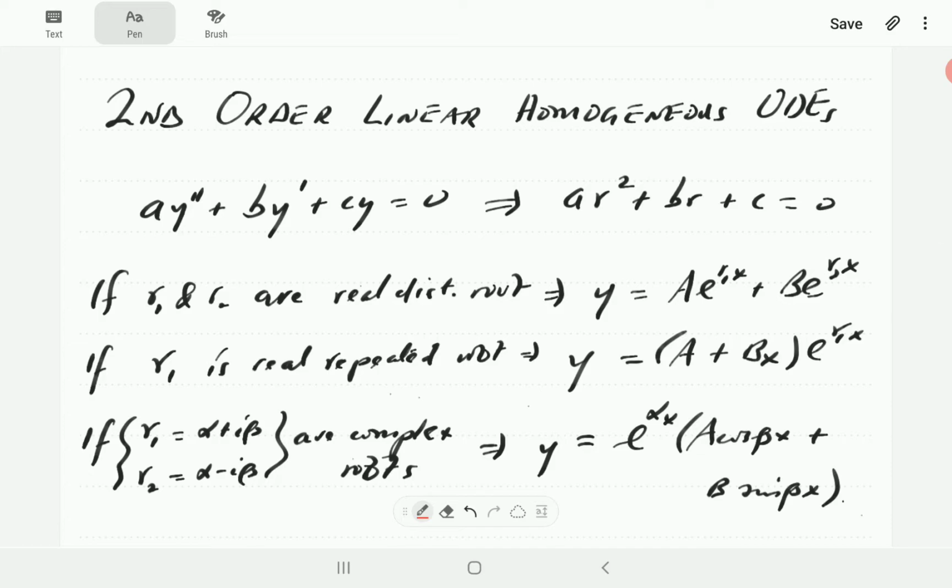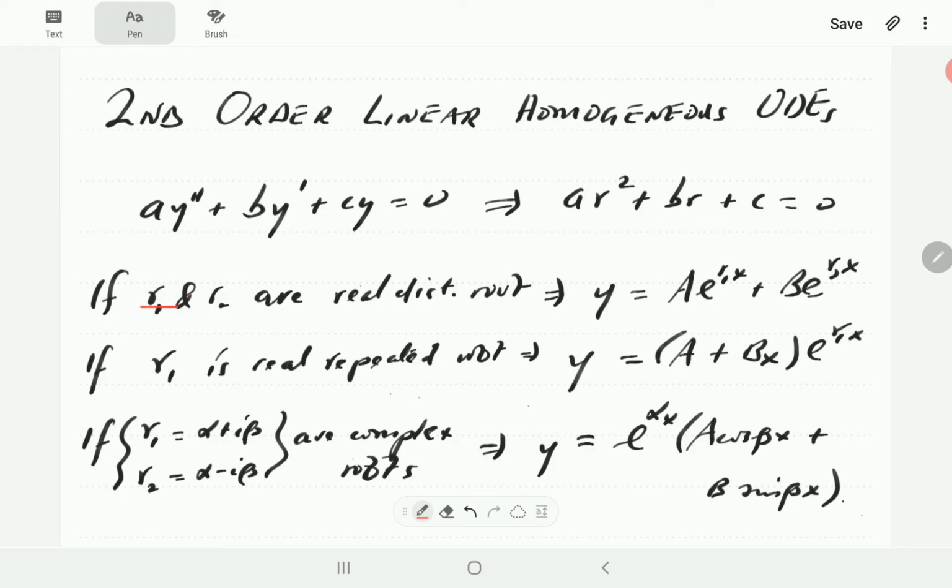In part 1 of this series, we've seen that whenever we have this ODE, the characteristic or auxiliary equation is going to be quadratic, given by ar squared plus br plus c equal to 0.